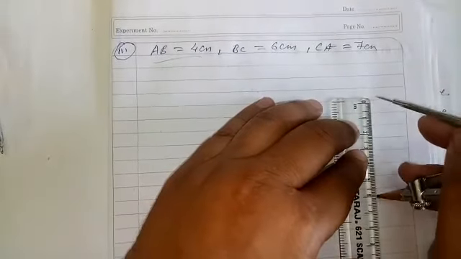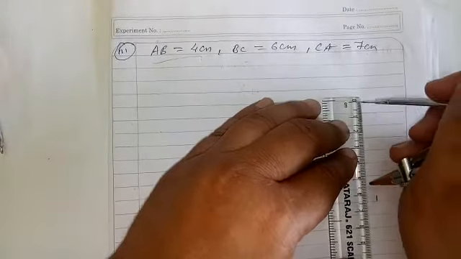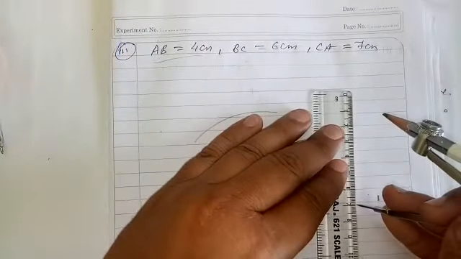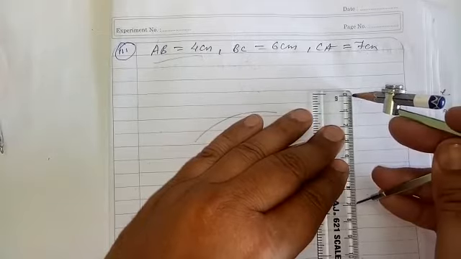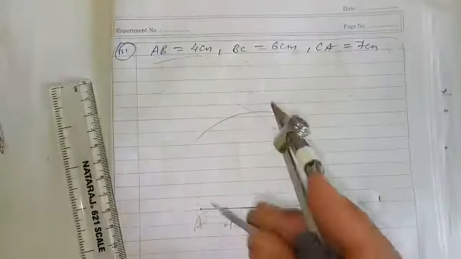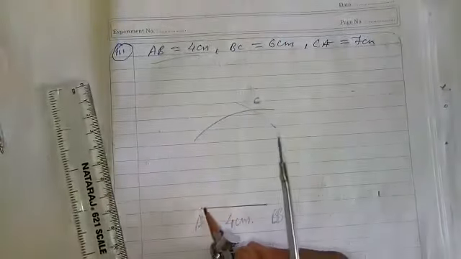You measure over here 6 cm. BC from point B, draw an arc. Then CA is 7 cm. Again you measure in the rough CA 7 cm. Where both the arcs intersect, name it point C.